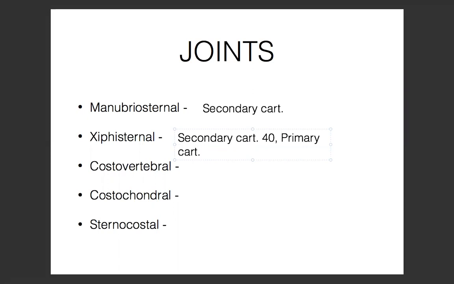So they can ask you, they can mention this. The xiphosternal joint, after the age of 40 and above, starts to ossify and fuse, and it becomes primary cartilaginous. So these secondary cartilaginous and primary cartilaginous joints are joints that have very minimal movement.